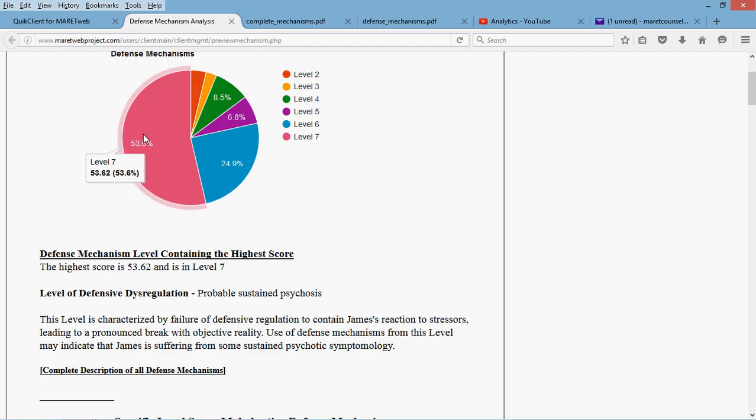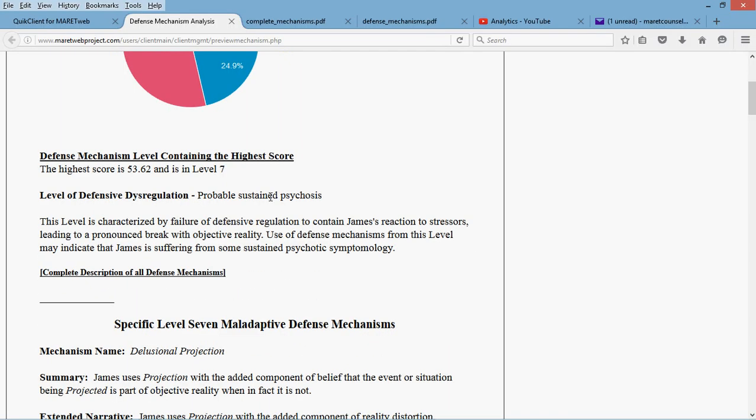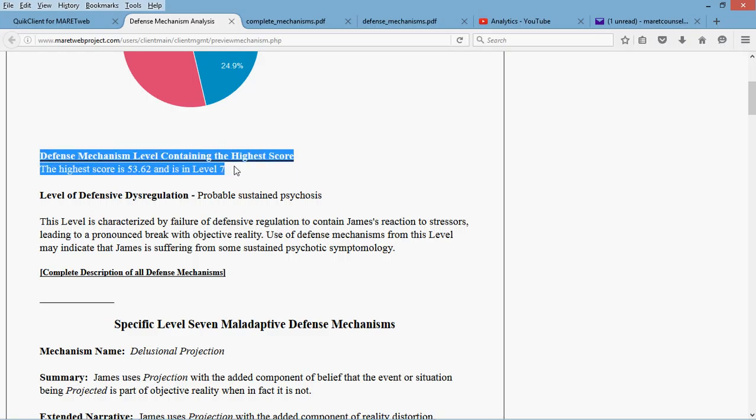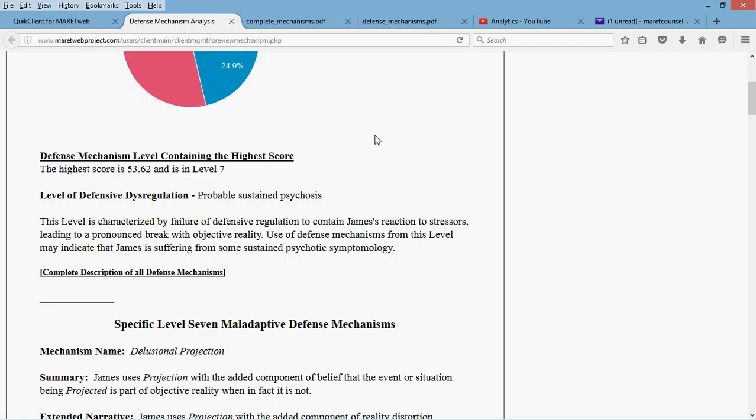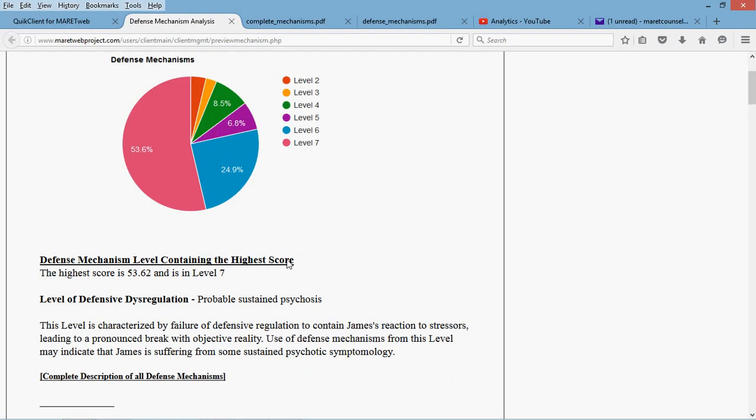So what you're going to find routinely under this first heading is the highest scoring level. Now up here obviously is going to be level 7. The highest score is 53.62, and it's in level 7.